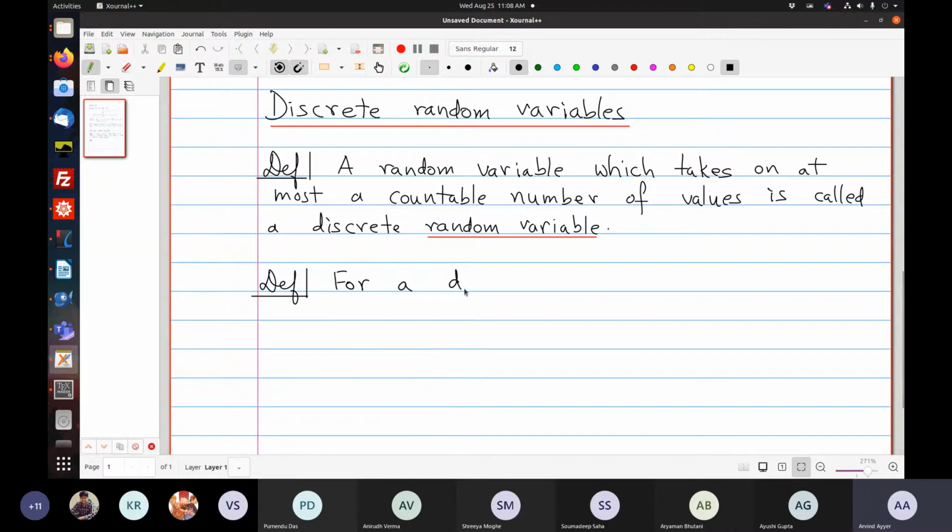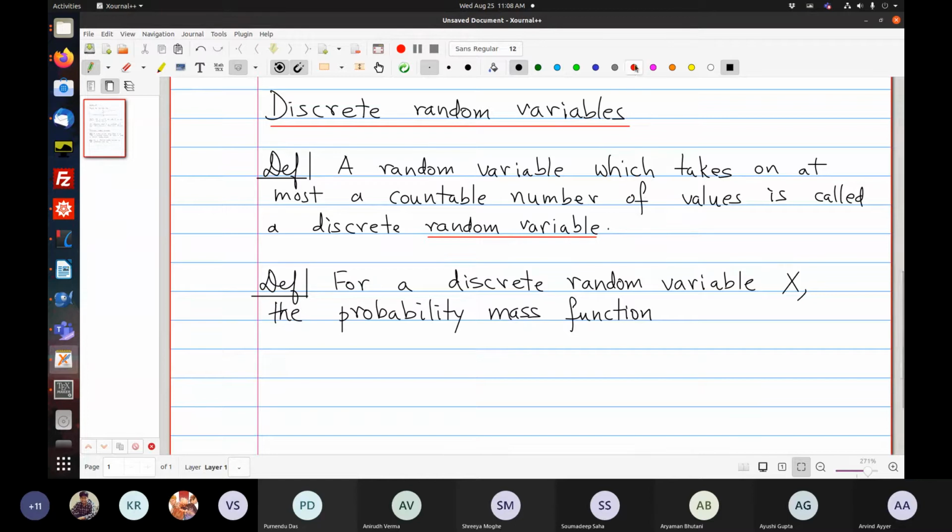So for a discrete random variable X, the probability mass function, or PMF, is conventionally denoted by small p.